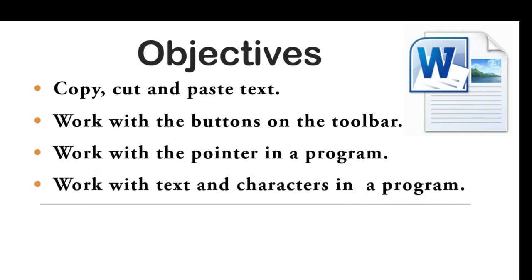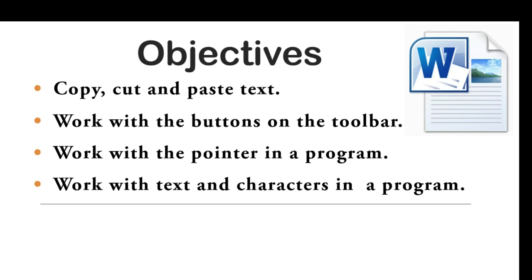Maybe you have searched some information on the internet, you want to copy and paste it in your Word. How are you going to go about it? Now we shall also work with the buttons on the toolbar, work with the pointer in a program, and work with text and characters in a program.